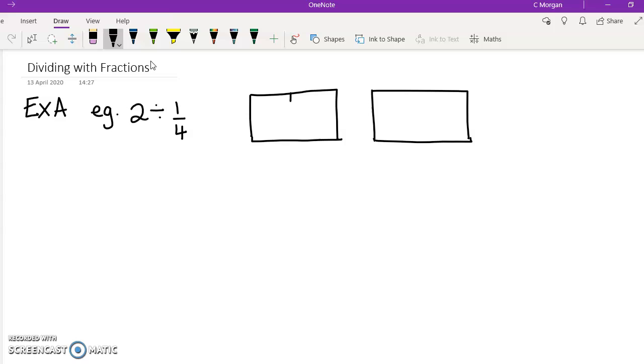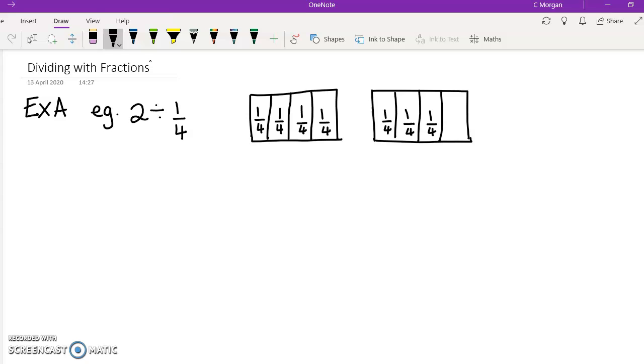Well, of course, the first thing I'm going to need to do is represent 1/4 by dividing my bars of chocolate as equally as I can into 4 pieces, so that each piece represents 1/4. So if I simply count up the number of quarters that I have in 2 wholes, you can probably see that the answer is 8.